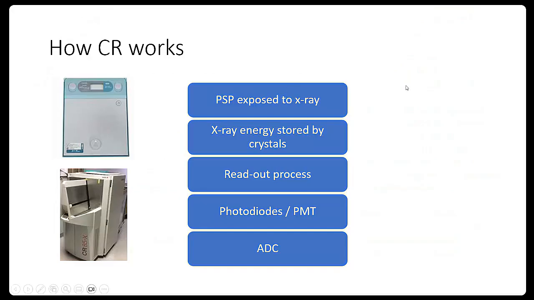So how does a CR work? In a CR system, the first thing is the PSP is exposed to X-ray. That is, the photostimulable phosphor plate is exposed to X-ray.